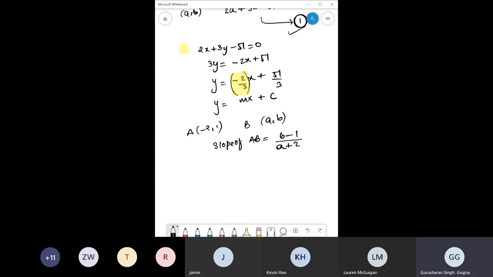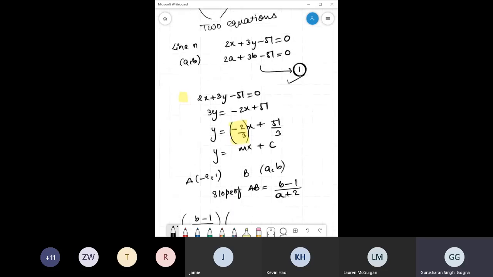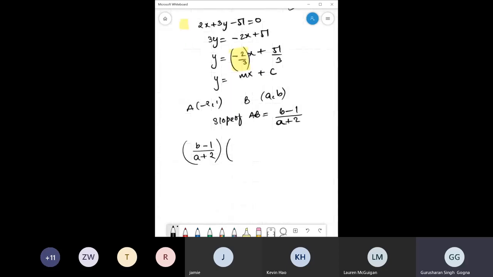Now both lines are perpendicular. So slope of AB, which is this, multiply by slope of line n, which is minus 2 over 3. Okay, this should be equal to minus 1. So what is the condition of perpendicular lines? m1 m2 should be equal to minus 1. So this will give me the second equation.